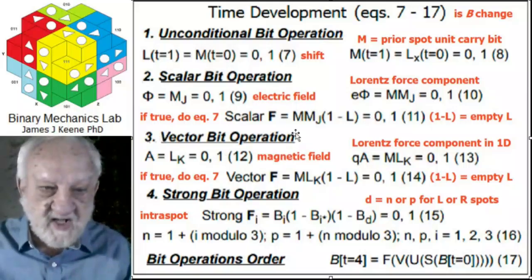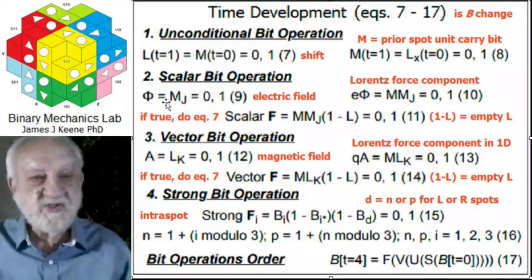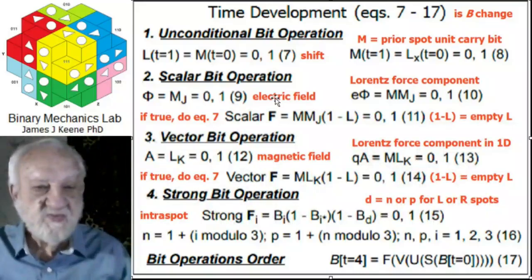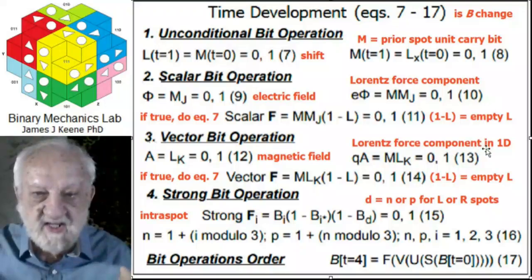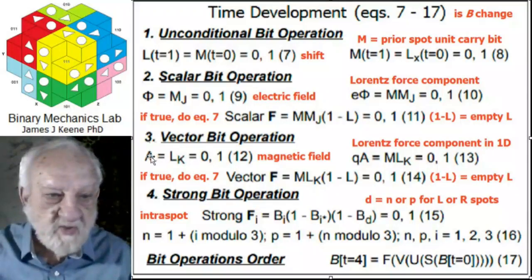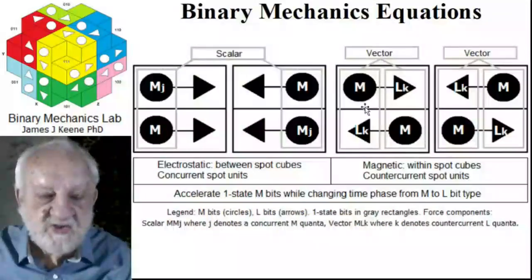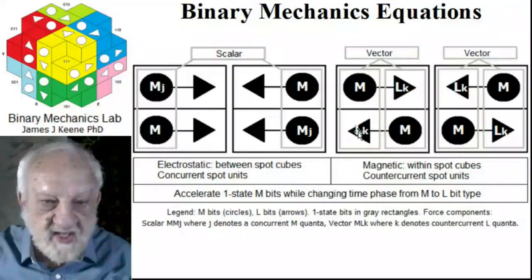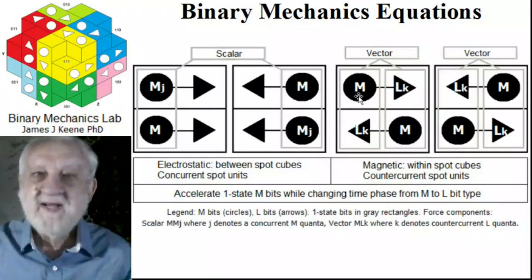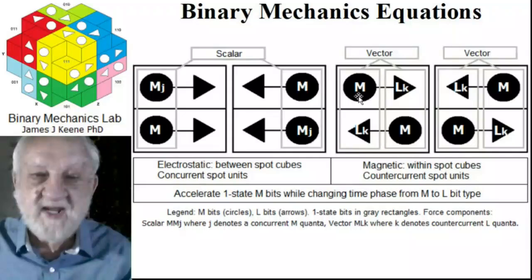The vector bit operation is quite similar to the scalar bit operation. In this case, we take the Lorentz force component, the A vector, in one dimension, which is shown here as L sub k, and that can equal 0 or 1, and that is our magnetic field. So this illustration shows the M source and the potential L sub k in the countercurrent location, right next to the source one-state quanta.